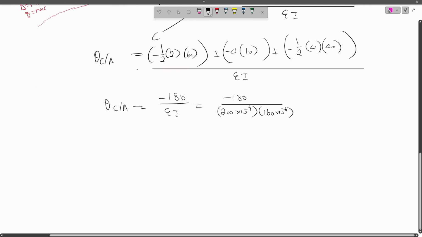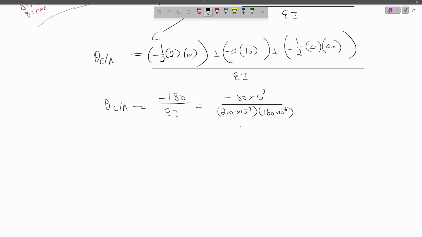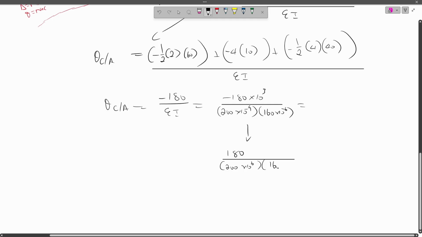Now, there's different ways to write this equation right here. You can write it like so: 180 divided by 200 times 10 to the 6 times 160 times 10 to the minus 6.